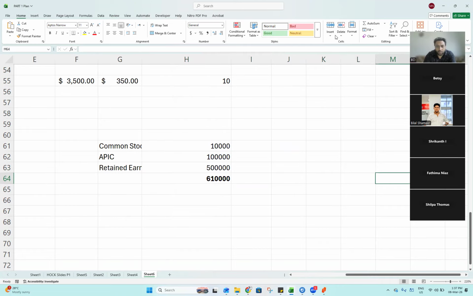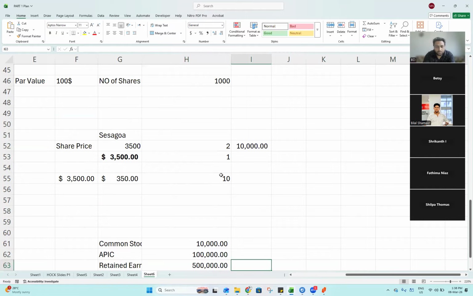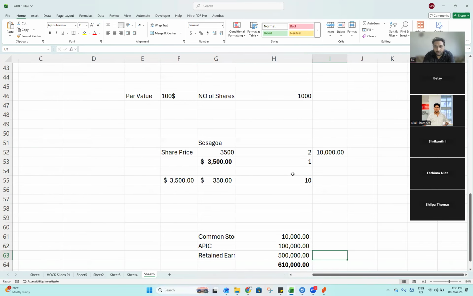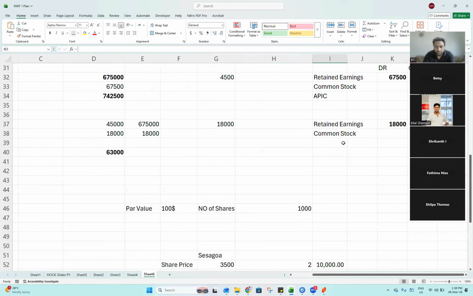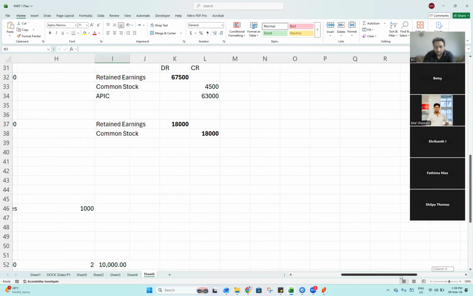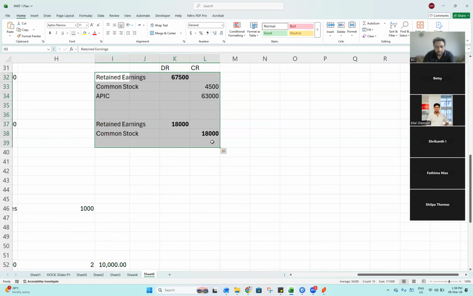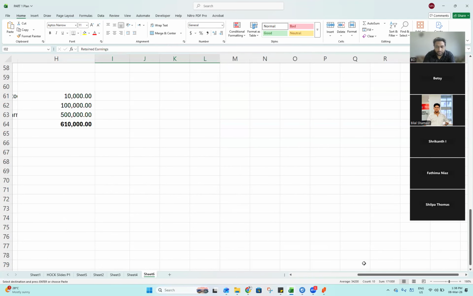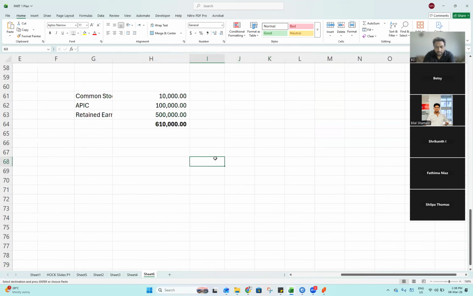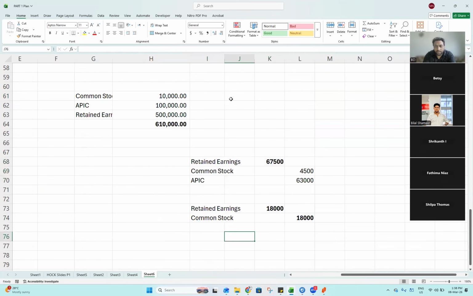Now what happened here? We are going to declare a stock dividend. So, taking the above case for example, now in this case, how much retained earnings will reduce? 67,500.